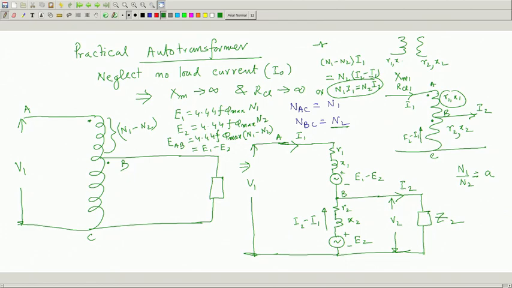Then I will say that I 1 is equal to I 2 by A. This much I can confidently say, okay, if this current you record it so much ampere, N 1 total turns, N 2 this turn, then this current will be I 2 by A. This I am sure of. Got the point? This is the thing.